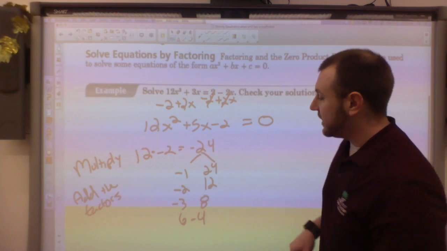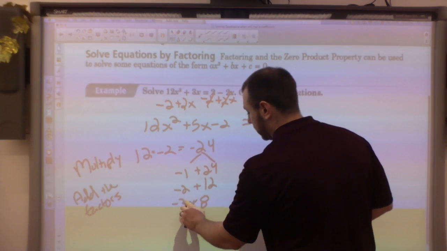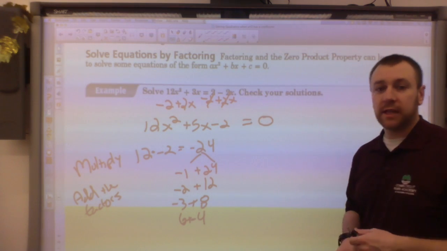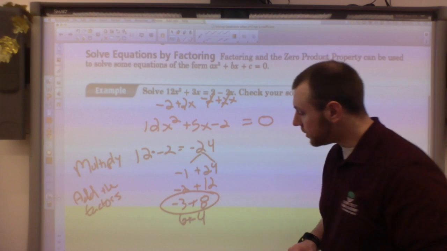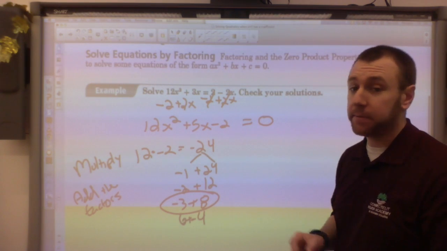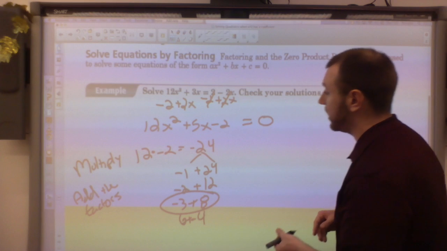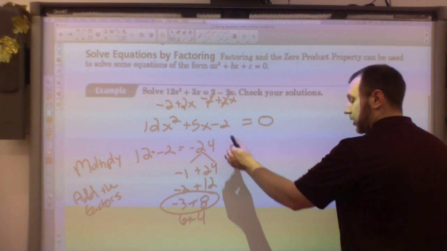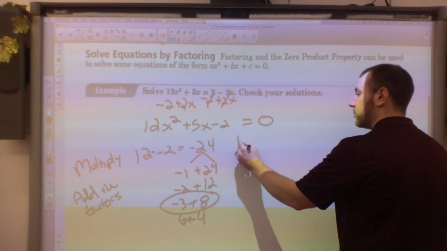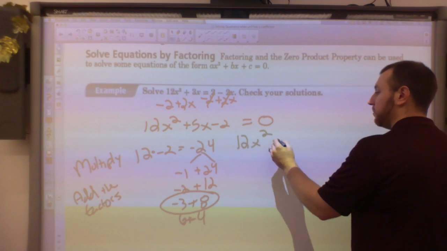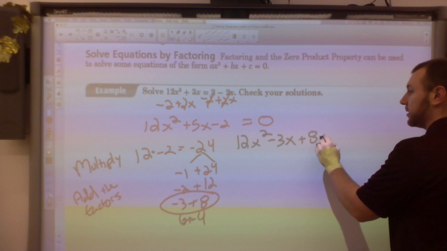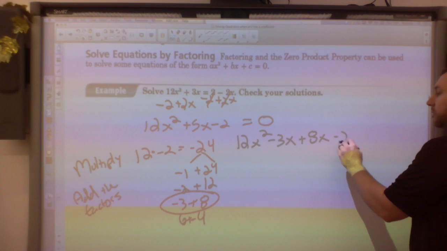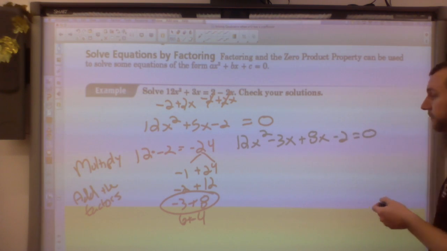When I add these up, the two factors that add up to a +5 are -3 plus 8. So then I replace that as the middle term: 12x squared minus 3x plus 8x minus 2 equals 0.